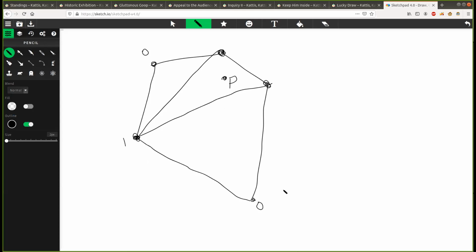So the whole problem reduces to a triangle as long as you know how to check if a point is inside of a triangle. You can check if a point is inside of a triangle by using cross products. Say you direct the edges, maybe I should say counterclockwise. If you direct the edges counterclockwise, then the point should be to the left of each edge.